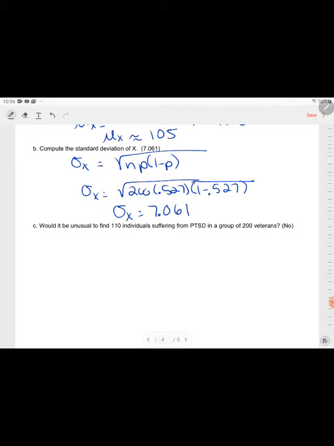Suppose that we have 110 individuals suffering from PTSD in a group of 200. Would that be unusual? Okay, so let's recall.